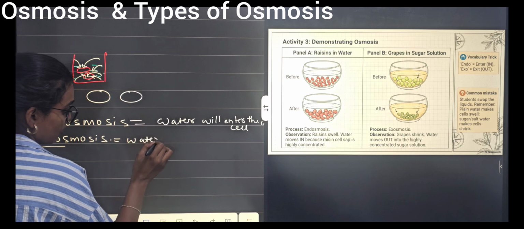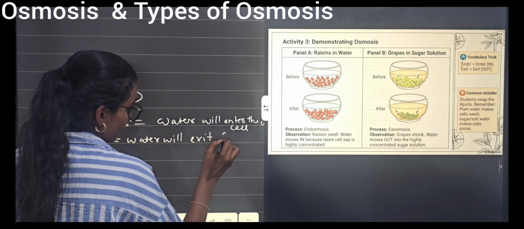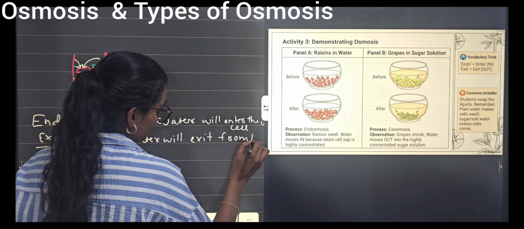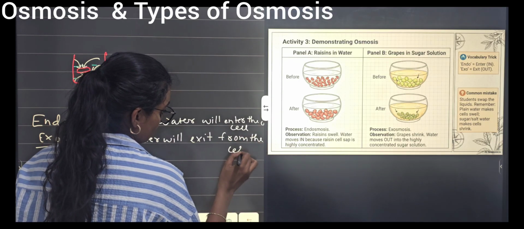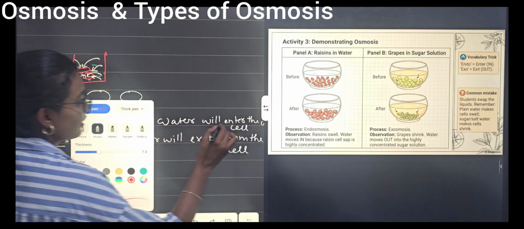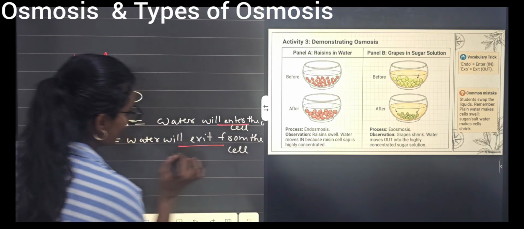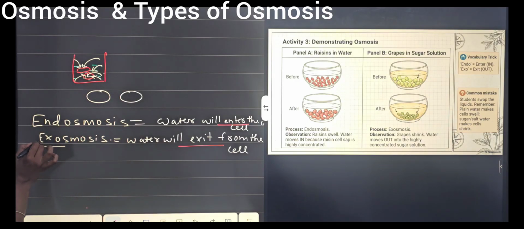Water will exit from the cell. So in endosmosis, water will enter the cell, whereas in exosmosis, water will exit the cell. Exosmosis, EX, EX represents exit. So water will exit from the cell.